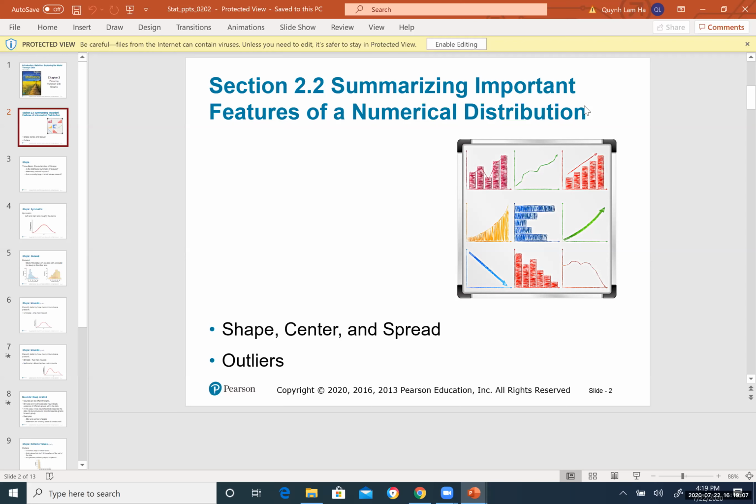But today, I would like to focus on how to analyze the graph by identifying the shape, the center, and the spread of the graph, or the word that you learned before, variability, right? And you will learn about the word outliers, okay? Outliers is the word that we talked about in section 2.1 already.